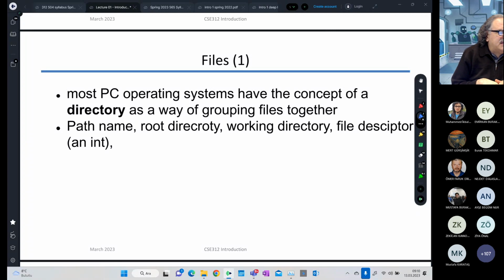A file is just a data structure that keeps related data on our secondary storage. Compared to your main memory, which we measure in gigabytes nowadays, our secondary storage nowadays we talk about terabytes.